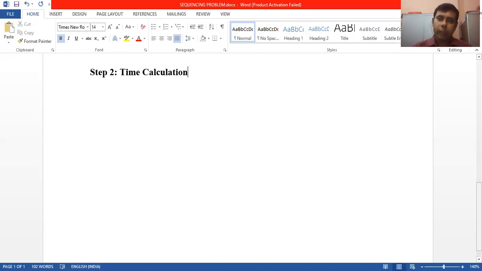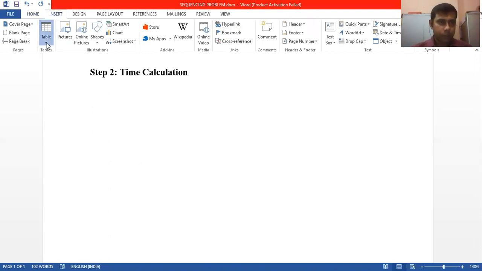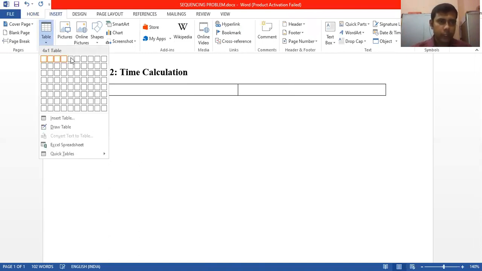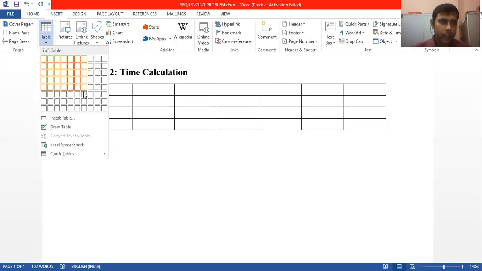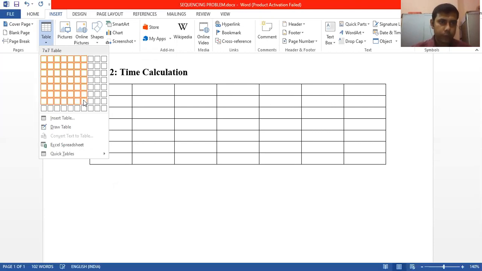Now machine A will be split up into 2 subcolumns: start and finish. Machine B will be split up into 2 columns: start and finish, and idle time will be split up into 2 columns: A and B. So all put together we need 7 columns. So I'm inserting a table with 7 columns, right? And we require 6 plus 2.